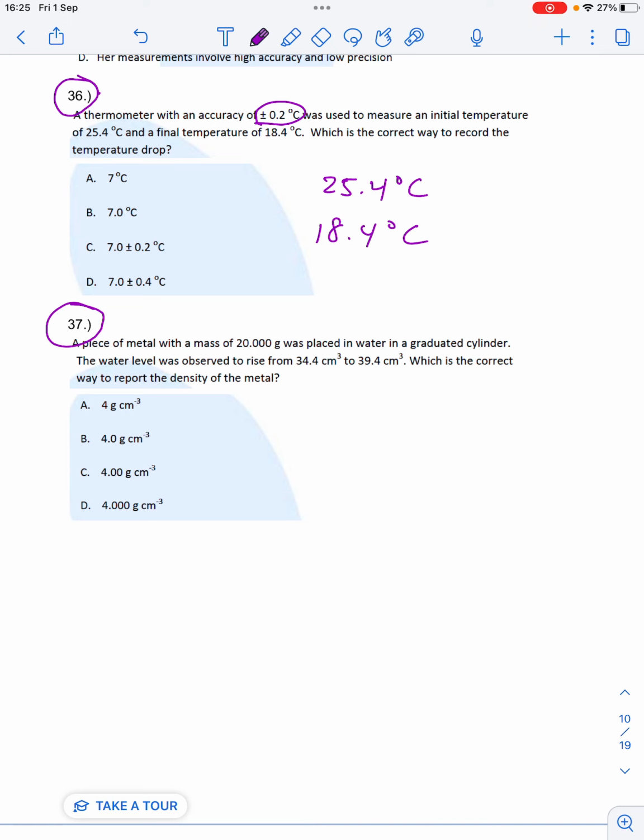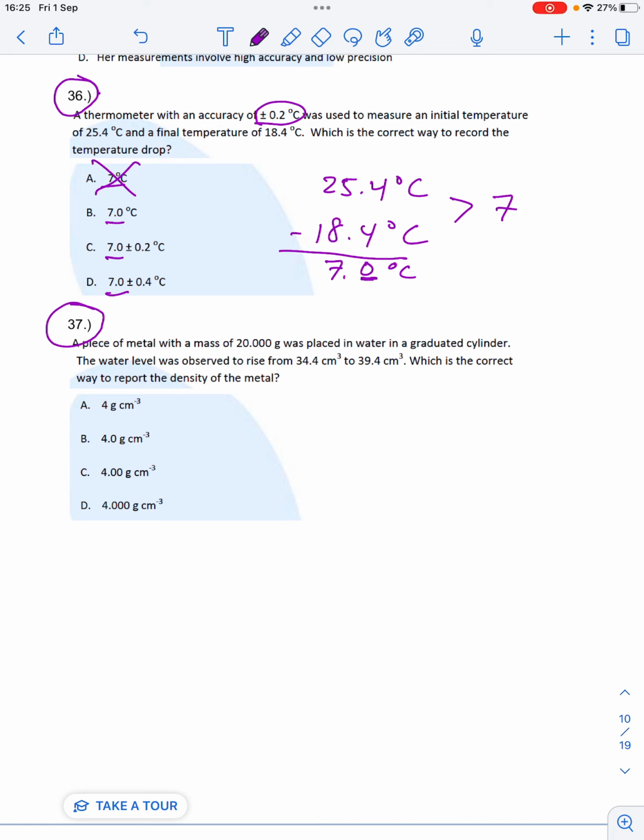Well, I can tell it's gone down 7 degrees, and that's not really the issue. All of them have recognized that the change is 7 degrees. If we're going to do subtraction, we would keep 1 decimal place, so 7.0. That's one reason why we should report it as 7.0 and not just 7, if we're following sig fig rules.